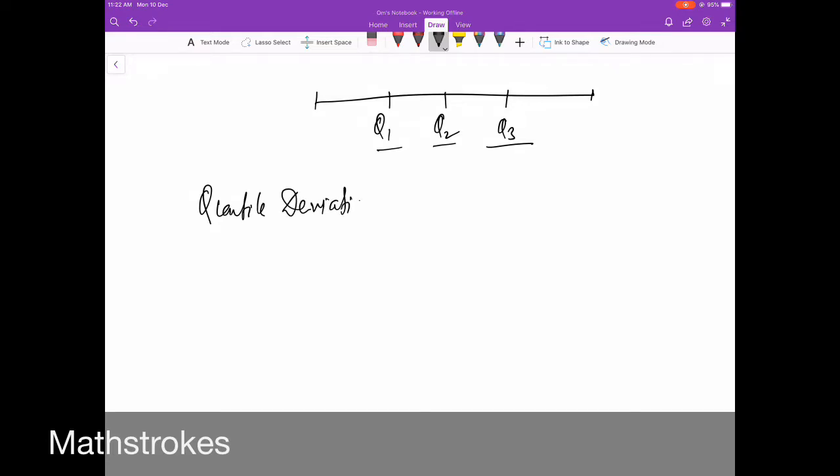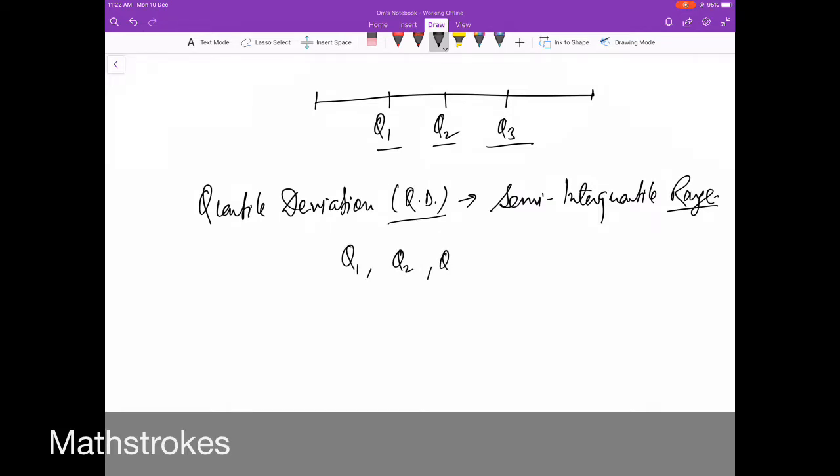This is also denoted as QD. In words I can say this is semi interquartile range.